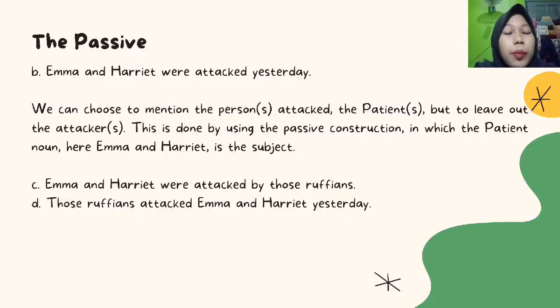We can choose to mention the persons attacked, the patients, but to leave out the attackers. This is done by using the passive construction, in which the patient noun, here Emma and Harriet, is the subject. C, Emma and Harriet were attacked by those ruffians. D, those ruffians attacked Emma and Harriet yesterday.